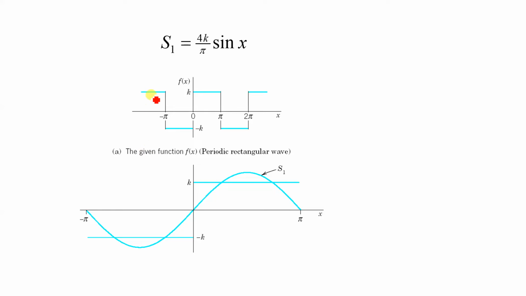how it works. So this is the original function. If we approximate the function with the first term only, we can see this type of wave, because this is 4k over pi times sine x. So this is the wave for S1, and you can see that it does not approximate the function well.